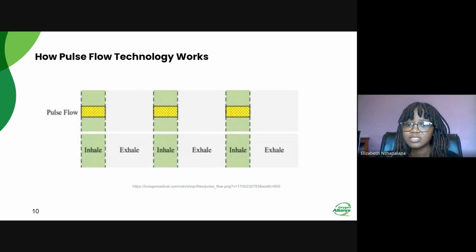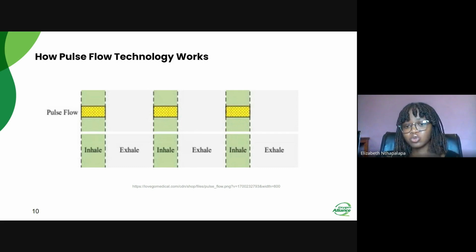This is the moment whereby, when the pressure sensor senses that the patient is now in the inhalation stage, there is a pulse flow. Now there is a burst of oxygen supplied to the patient. Just after the inhalation, we have exhalation. As you can see, the exhalation period is longer compared to inhalation.